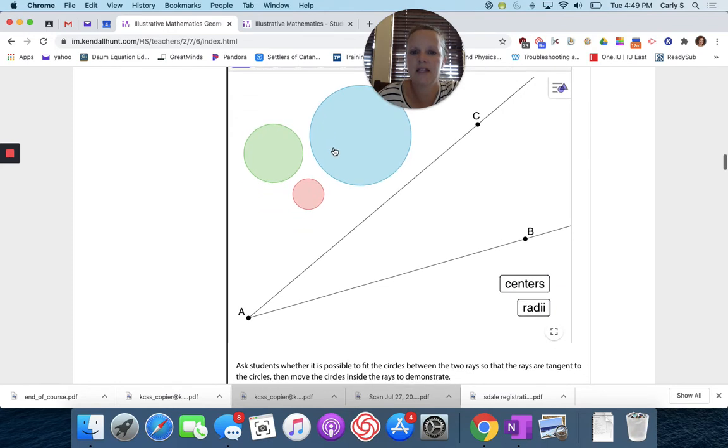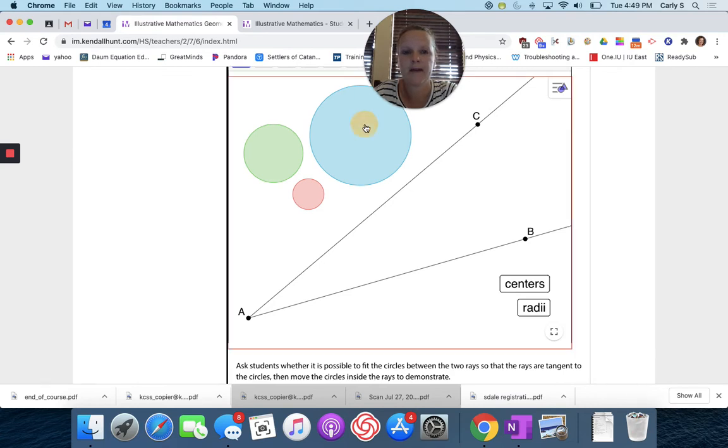So do you guys think it's possible to fit the circles between the two rays so that the rays are tangent to the circle? Moving it around. Grabbed it with my finger on my mouse pad.